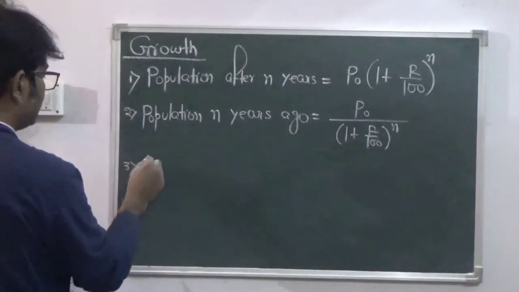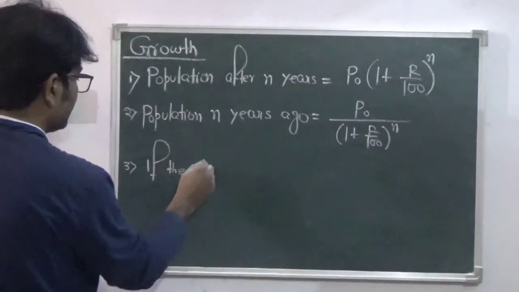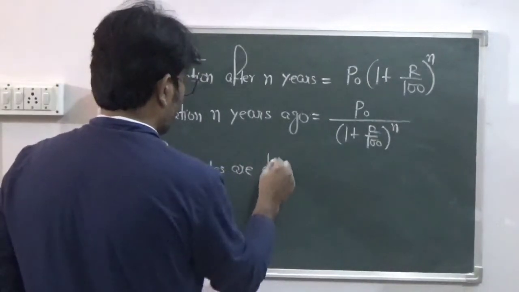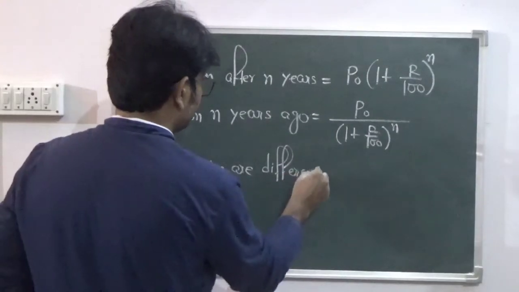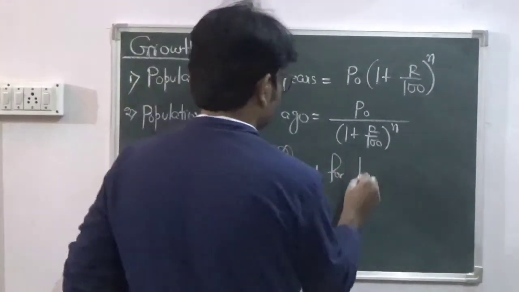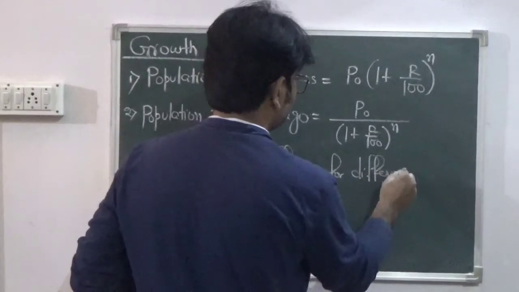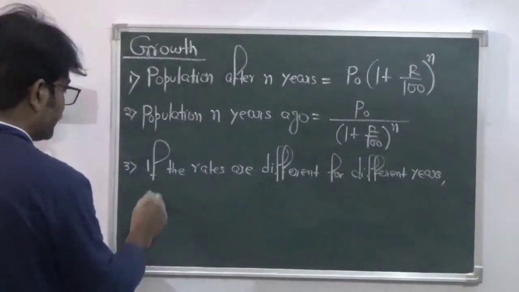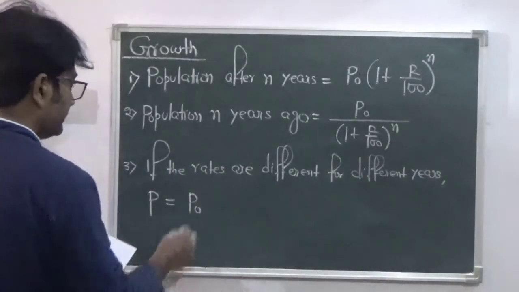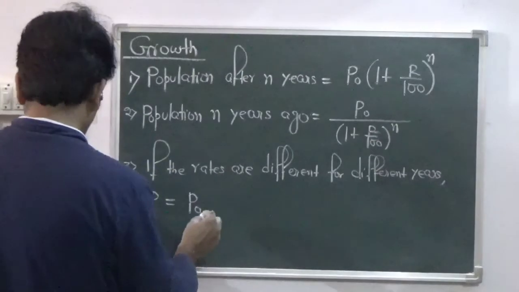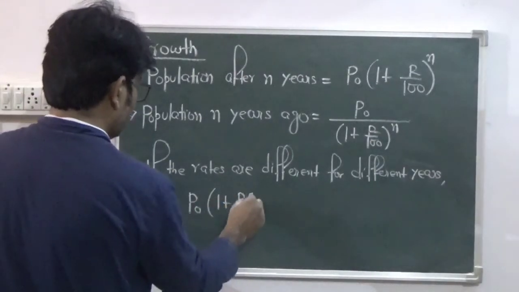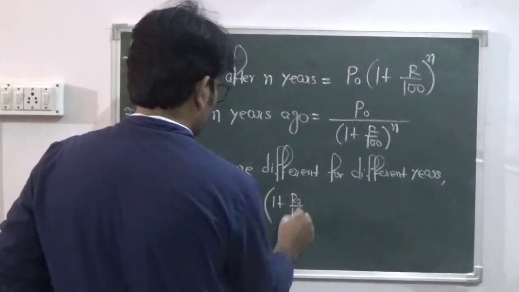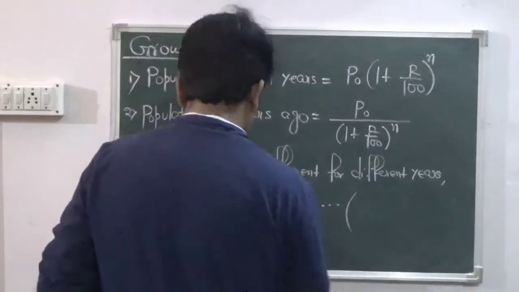Number 3, if the rates are different for different years, then the present value P after n years will be P0 into (1 plus R1 by 100) into (1 plus R2 by 100) up to (1 plus Rn by 100).